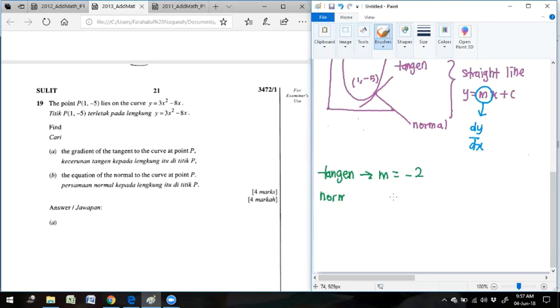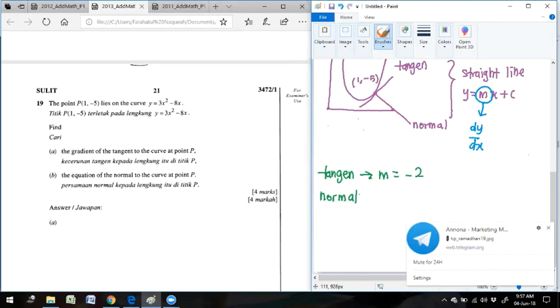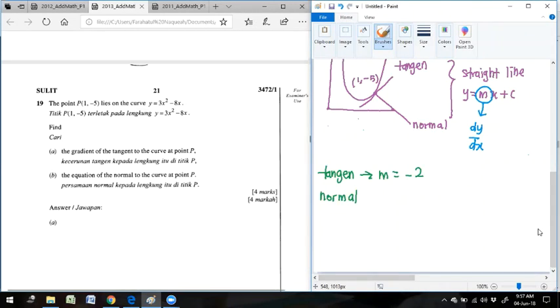For the normal, M1 times -2 is equal to -1. They are perpendicular, so we must use this method. M1 is equal to 1/2. So we get the gradient of normal is 1/2.